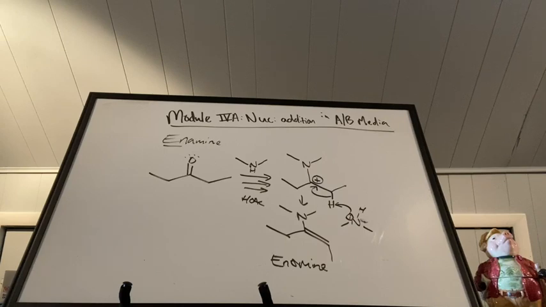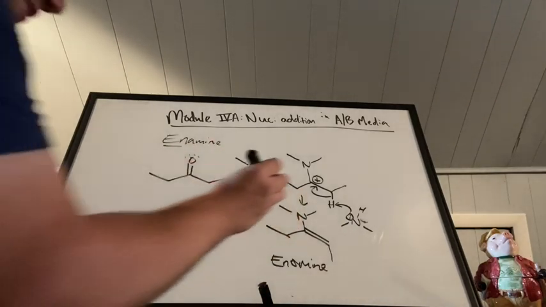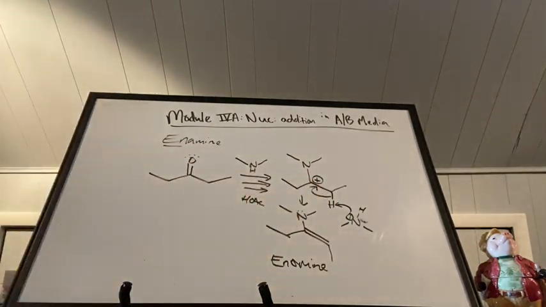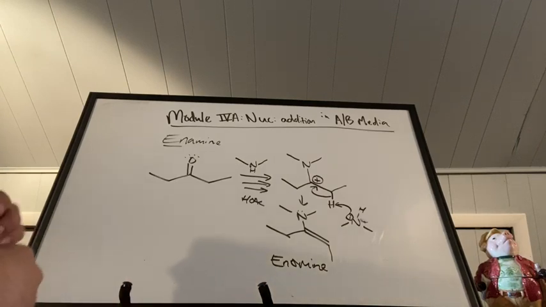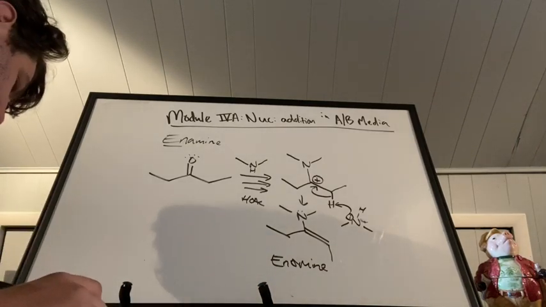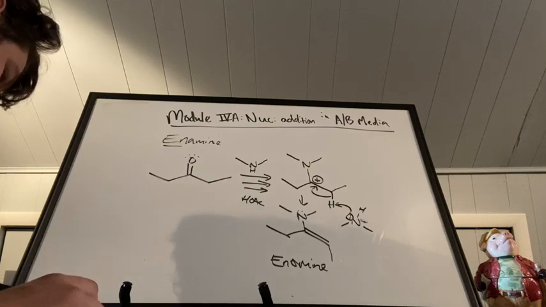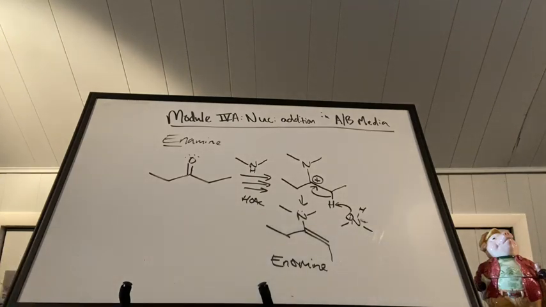The reason it's under weakly acidic conditions is, remember, that this is going to be at least weakly basic. So in other words, you don't want too much of that acetic acid in the solution, or otherwise you'll get a protonated form.